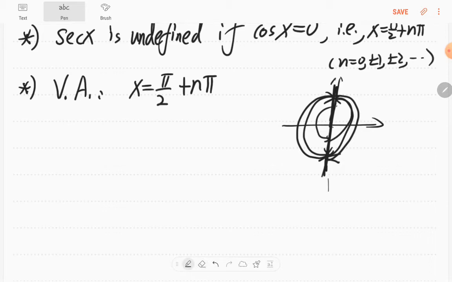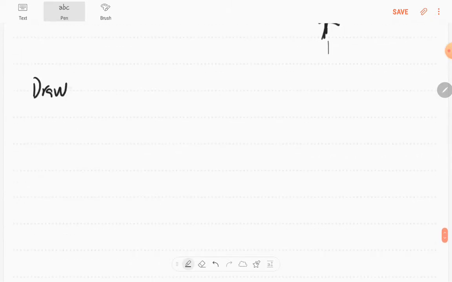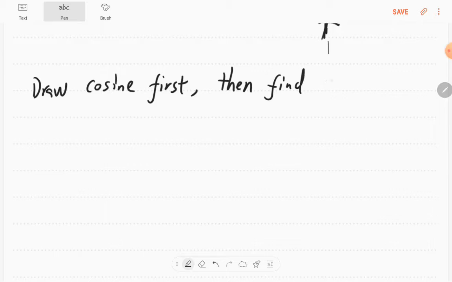Okay, so we still need to draw the graph for the cosine first. Draw cosine first, then find the secant x, right?